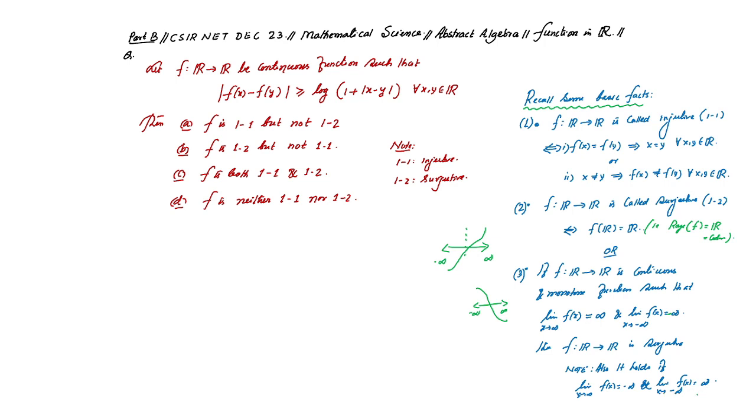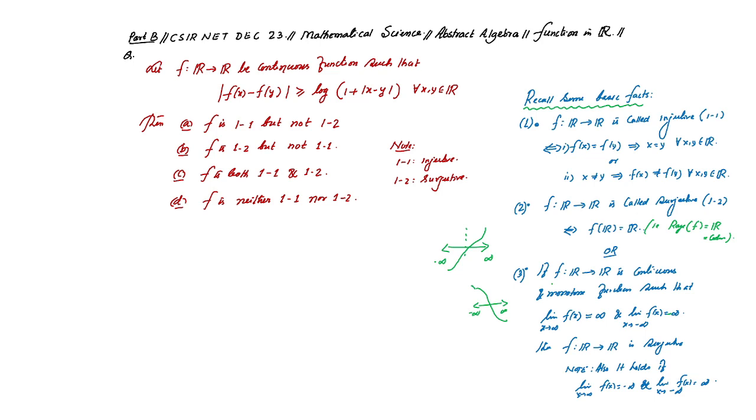That means it is unbounded on both sides. In that case, we can say f is surjective, that means f(R) equals R. So the range of f equals the codomain, and I conclude that f is surjective.